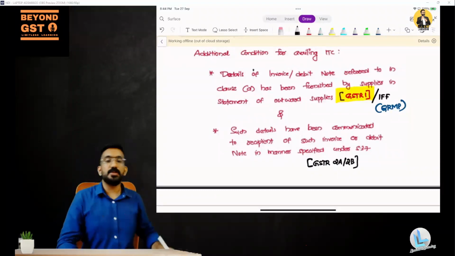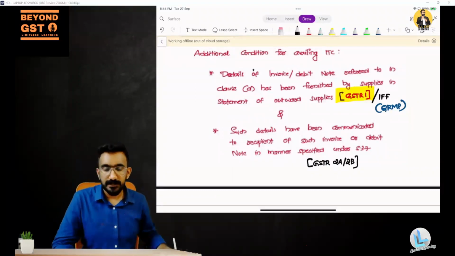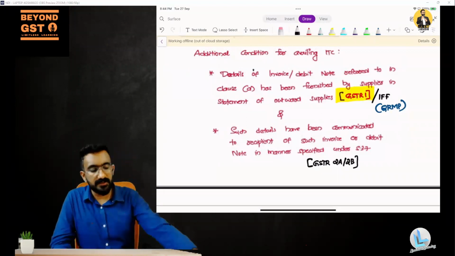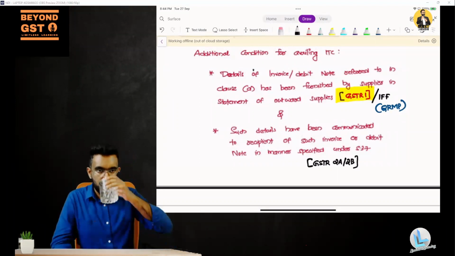It needs to be reflected there. Now we can say 2B for easier understanding, because 2A gives you a different kind of sorting of this info.